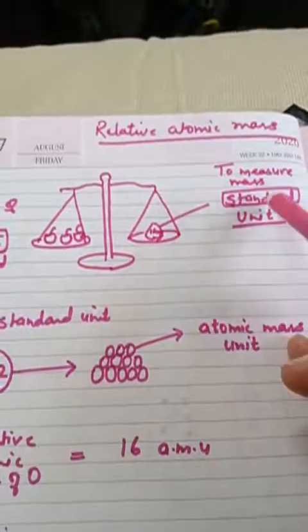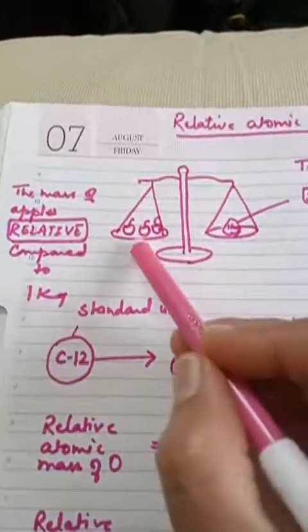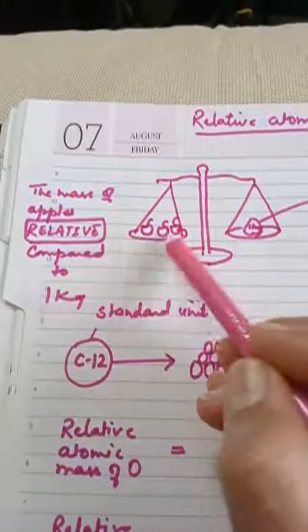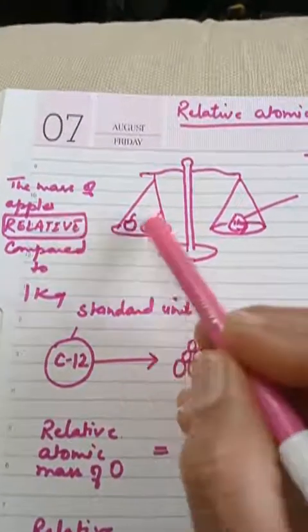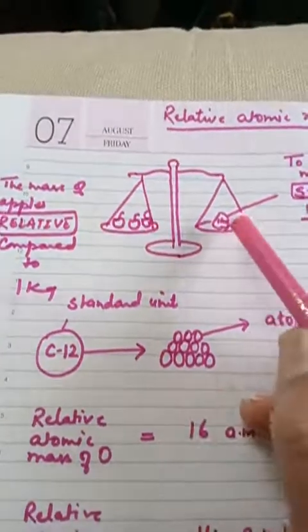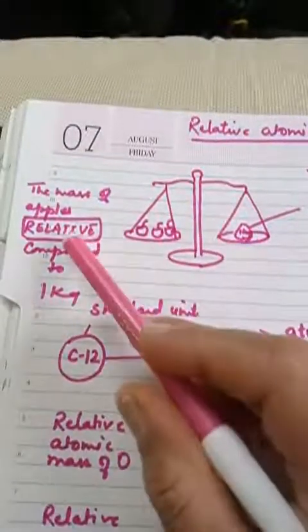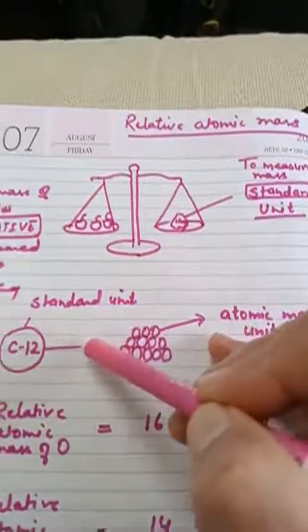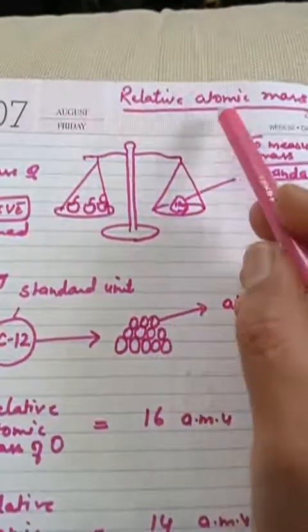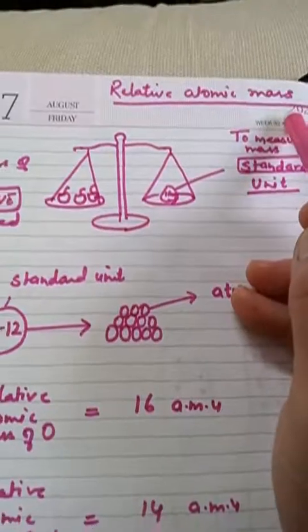So this is a standard unit, and the mass of apples is relative mass, because we are comparing it to this standard unit. So it is a relative mass. Here also, today we are going to study relative atomic mass.